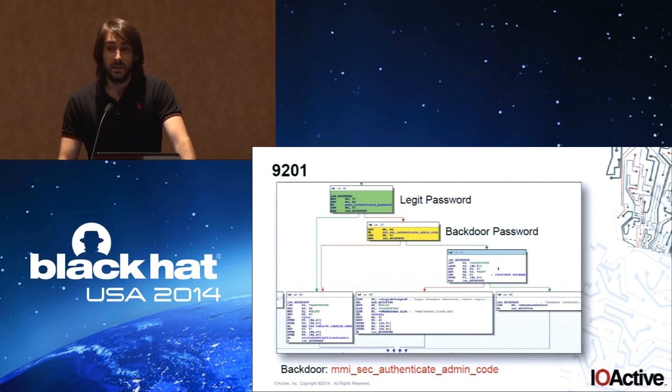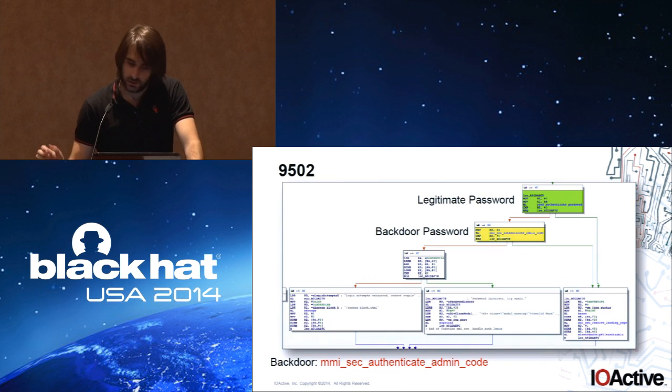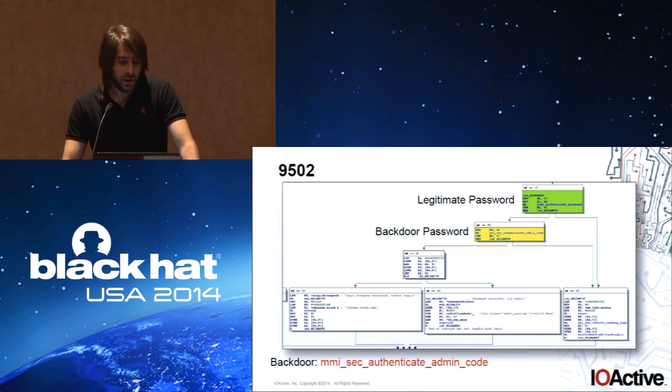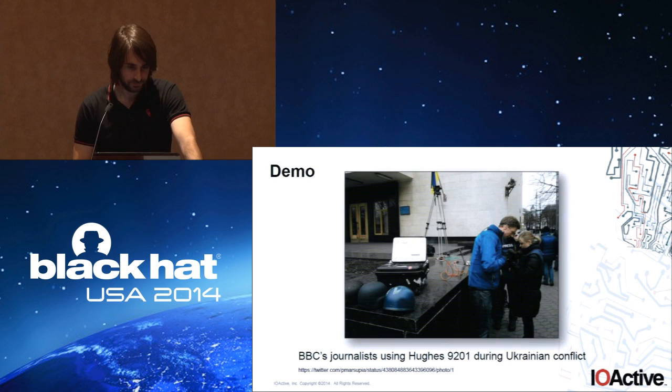Again, if we analyze the authentication for that feature, we find something pretty similar to the other one. You have a legitimate password, and then if you fail, you have a backdoor password. If we look at the function, they are also deriving the backdoor password from the IMEI, with several modifications from the previous algorithm, but it's pretty much the same.